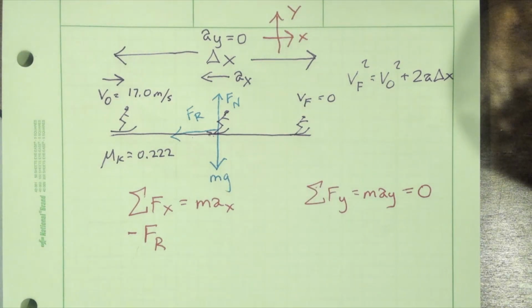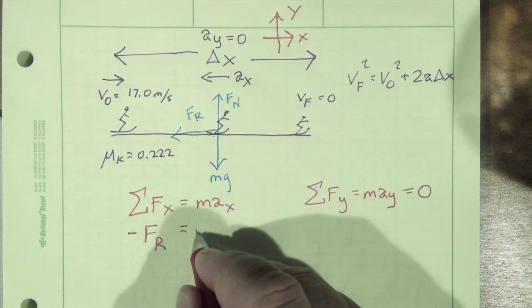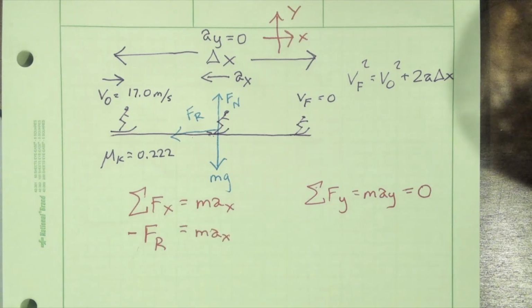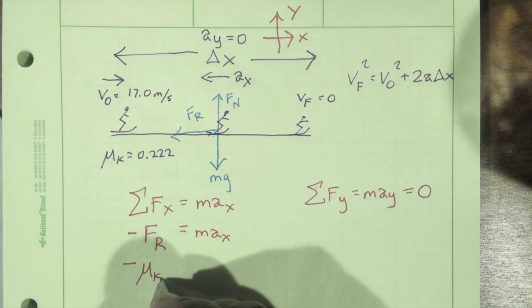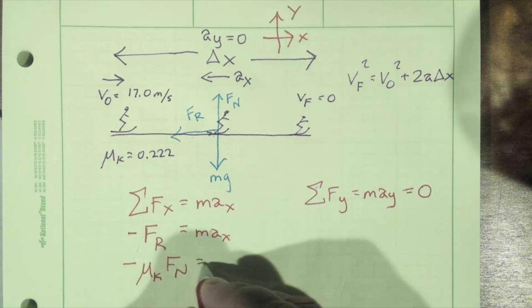We put that negative sign in there to show that we know that the friction force is opposite to the direction that we have called positive. And that's all. That's all we have to add up. And we look at the formula for the friction force, and it is mu k times the normal force.